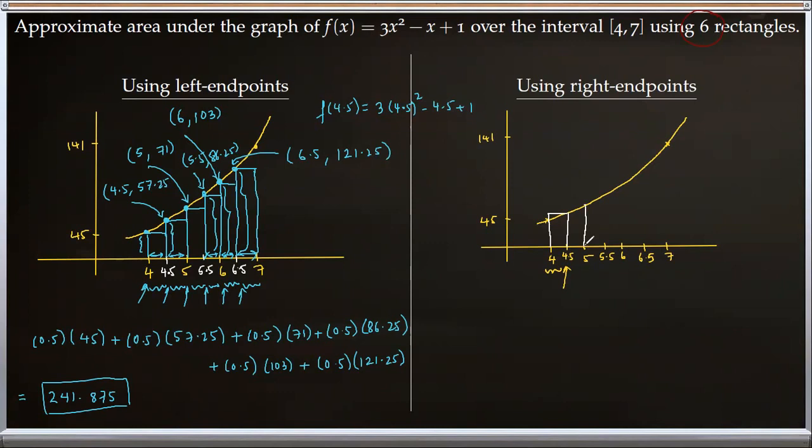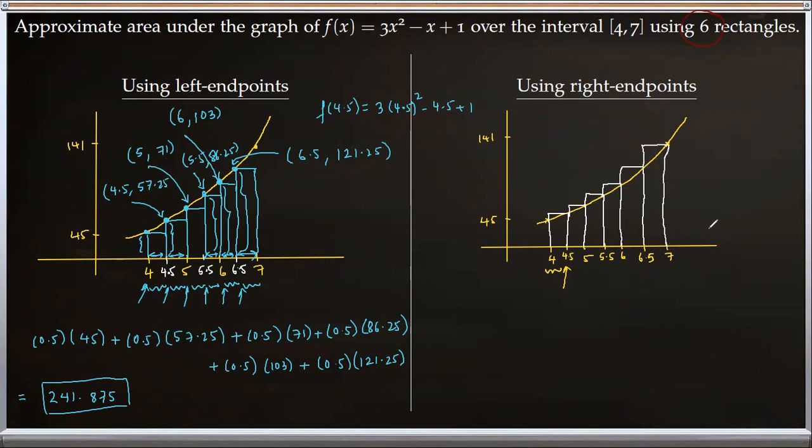Draw a rectangle at 5. It will look like that. For the third sub-interval, draw at 5.5. For the fourth one, 6 is the right endpoint. For the next one, 6.5 is the right endpoint. And for the last one, 7 is the right endpoint. So we have these rectangles.